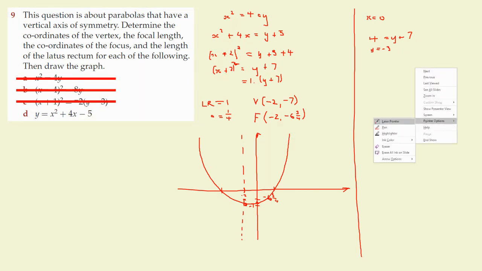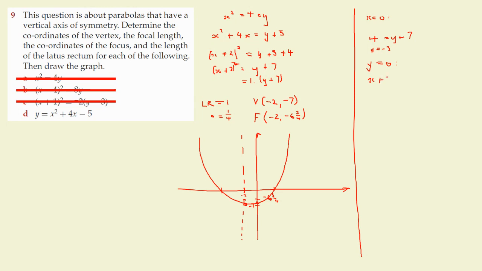Let's find then our intercepts on the x-axis. So the x-axis is y equals 0. So if I'm going to put y equals 0 in, I can say that x plus 2 squared has got to be equal to 7.